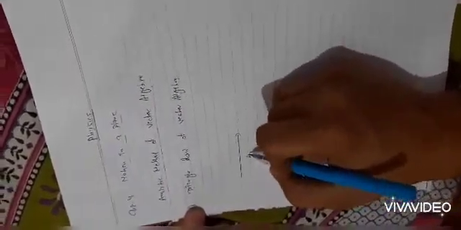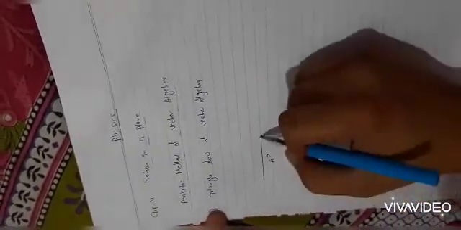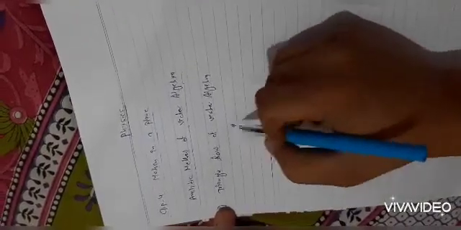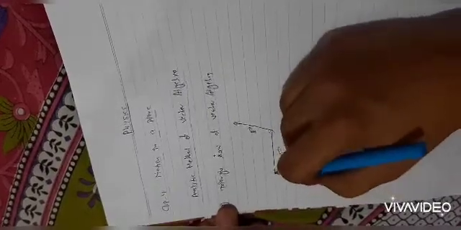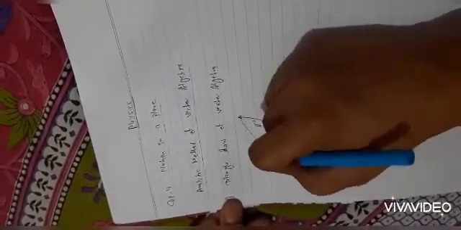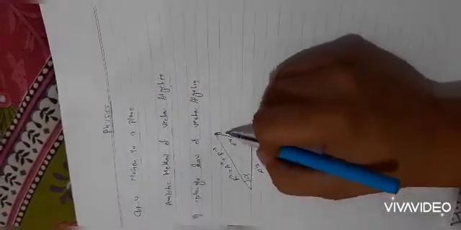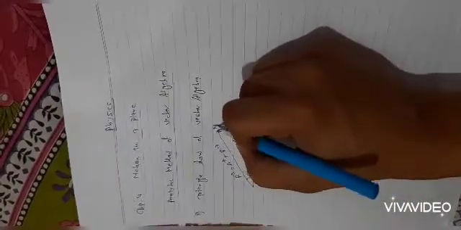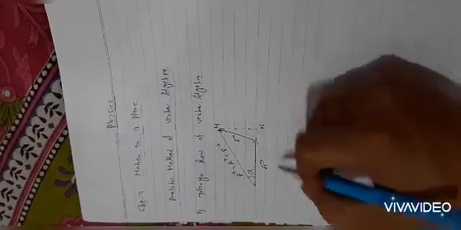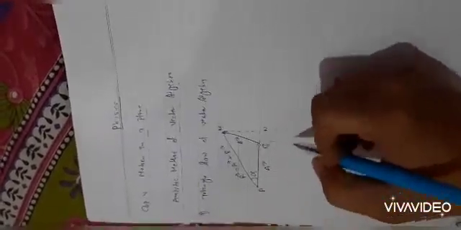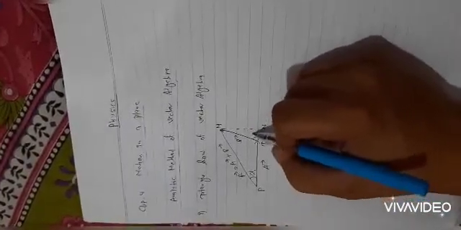What we have discussed was your vector A, and that was your vector B, and that was its resultant, that is equal to vector A plus vector B. Now let's suppose this is the angle between them, that I am taking as alpha, and now I am drawing a perpendicular, that is MN, and suppose this is your point P, this is Q, and the angle between them is theta.